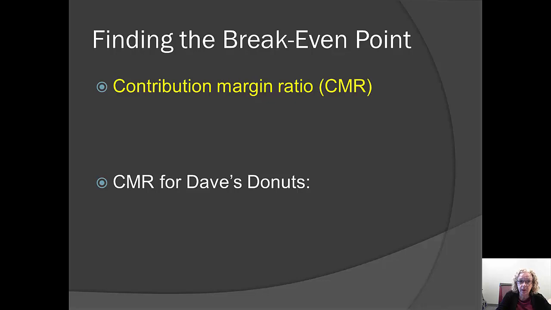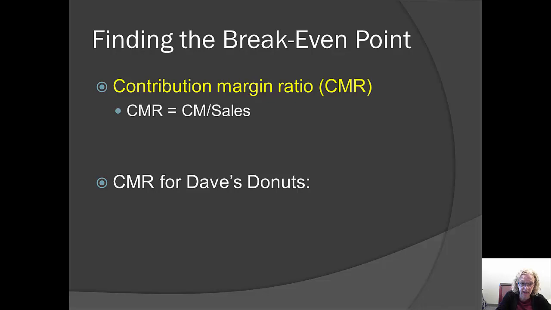Another useful number is what's called contribution margin ratio. This is a number that most students don't seem to like, but it's actually very useful depending on the way that data is presented to you. The formula for the contribution margin ratio is the actual contribution margin divided by the actual sales.